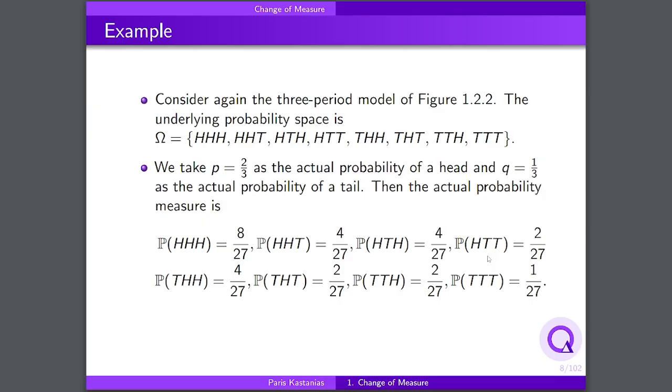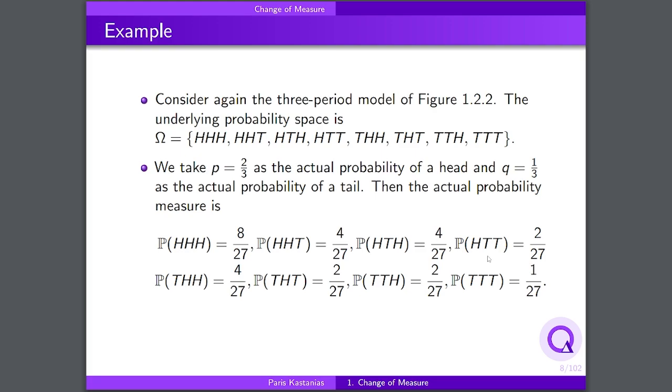We're going to assume that the actual probability P of heads is 2/3, and Q is 1/3. The actual probability measure is this thing here. Since this is the probability of heads, for 3 heads we just cube it.